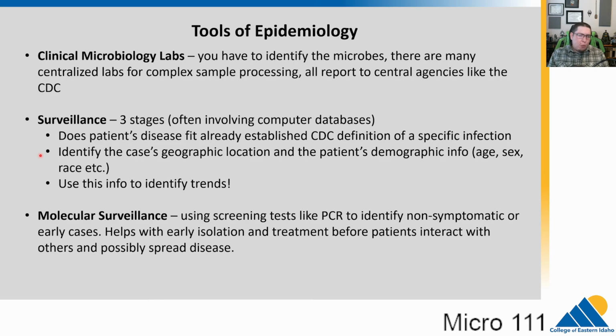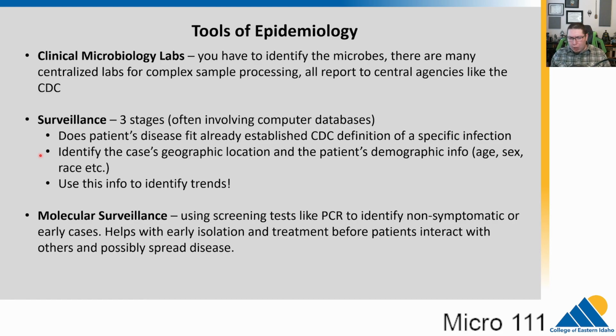We also have what we call molecular surveillance, which is screening tests like PCR to identify non-symptomatic cases or early cases, things like this. This helps us identify things early, get treatments to patients before they interact with other people, and try to identify and stop the spread of disease before we start seeing the signs and symptoms, which is the best case.